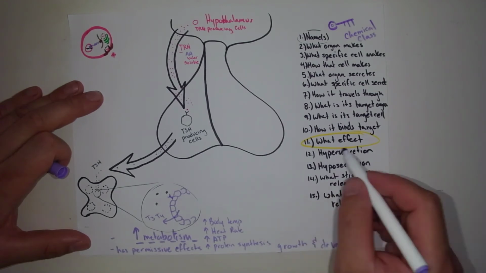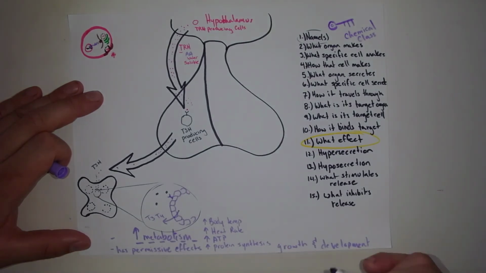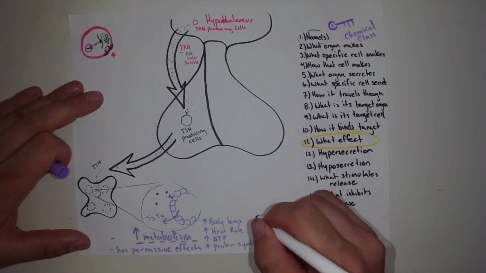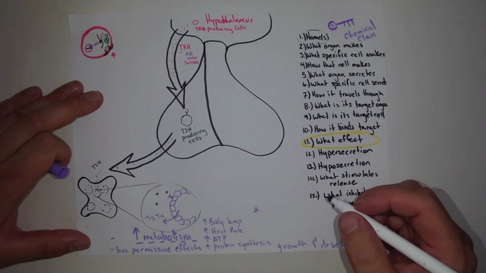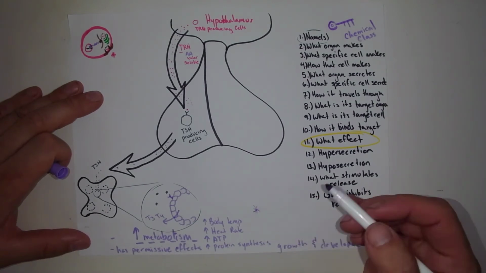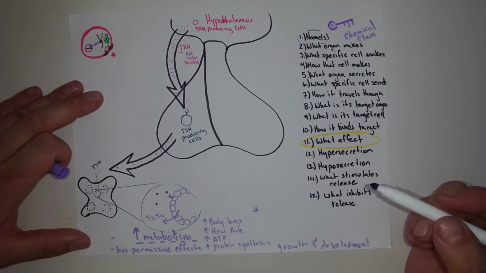So basically, hypersecretion of this stuff is going to lead to increased metabolism and increased growth and development. That disorder is called a syndrome of inappropriate TRH production.